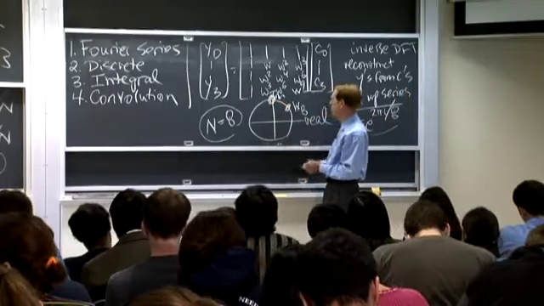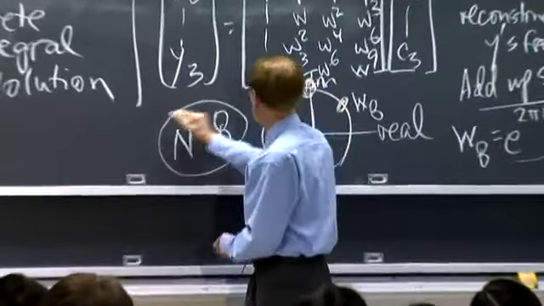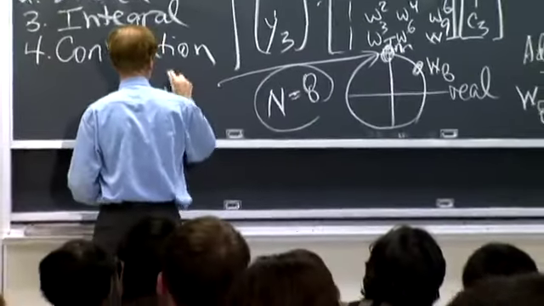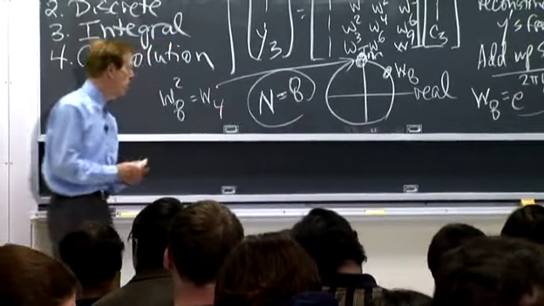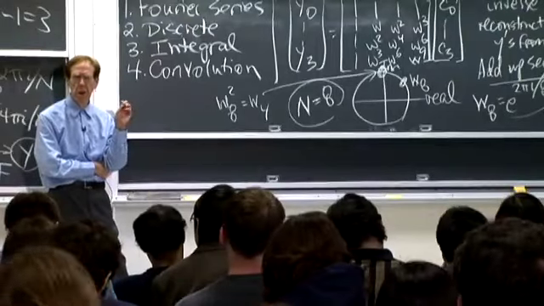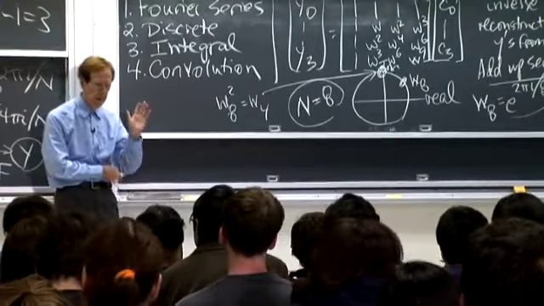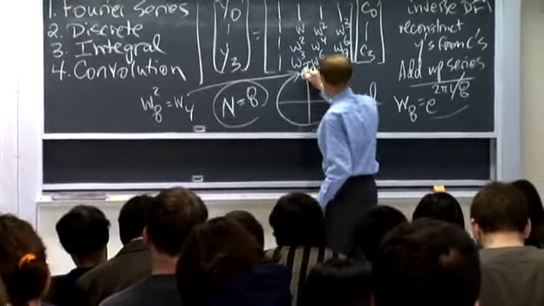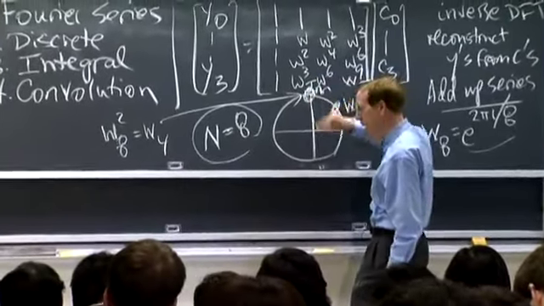So there's W8 squared, and it's the same as W4 because it's 1/4 of the way round. And what is that number in ordinary language? It's i, right? It's on the unit circle at 90 degrees, and it's on the imaginary axis.